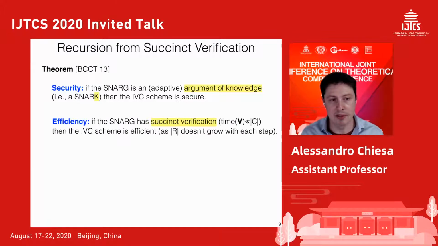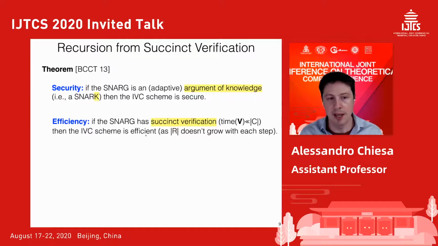The other important part is that the efficiency property of the IVC follows provided that the SNARK has so-called succinct verification. This means that running the SNARK verifier is much faster than the circuit that you're checking.